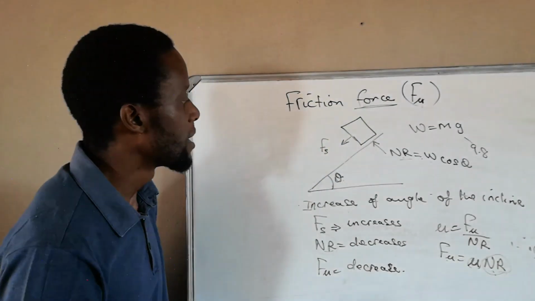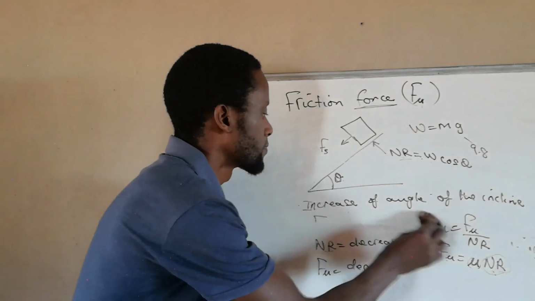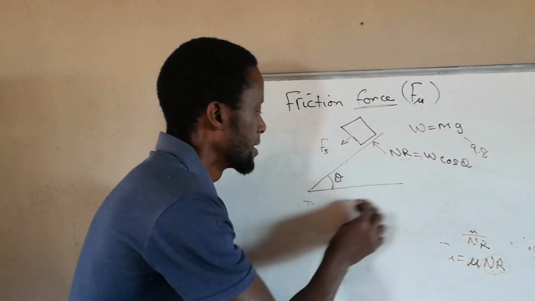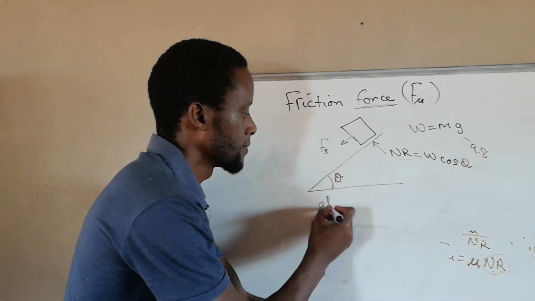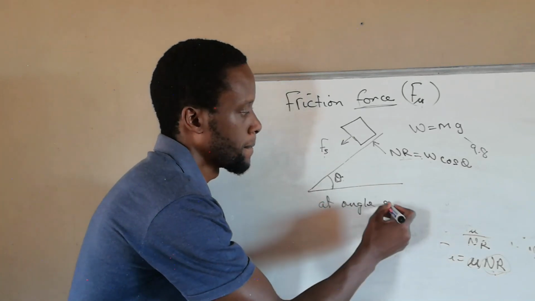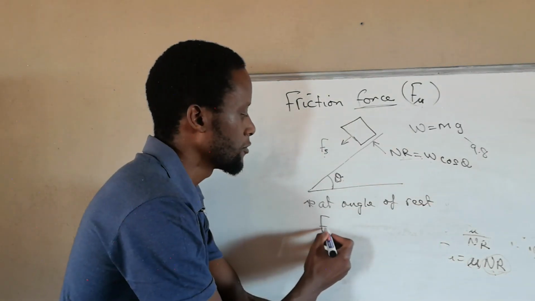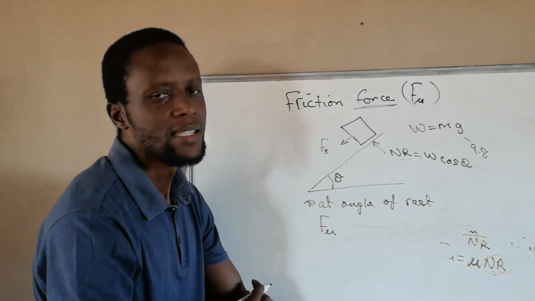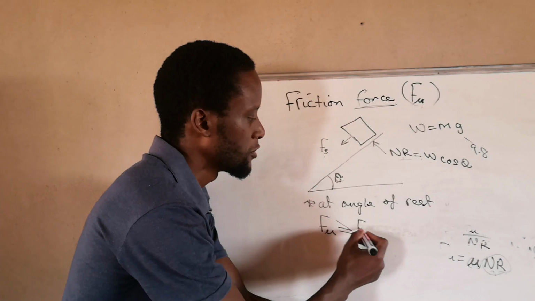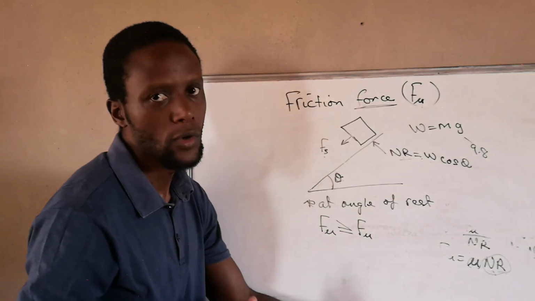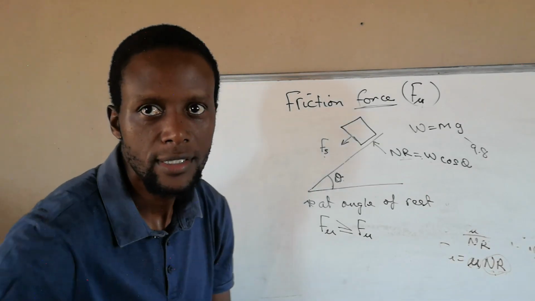So at the angle of rest, the sliding force is greater or equal to the friction force, slightly greater or equal to the friction force. That is the angle of rest.